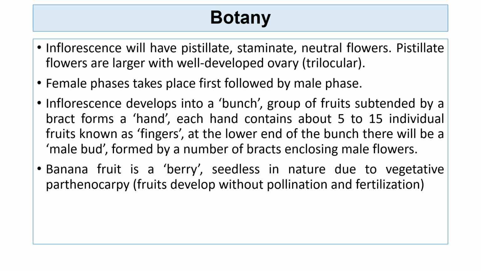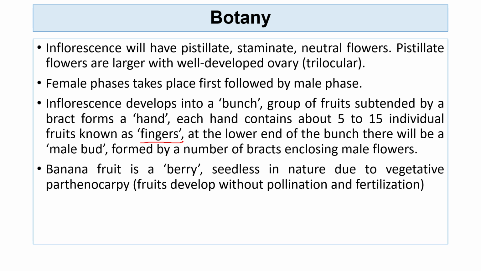Each hand contains 5 to 15 individual fruits, and the individual fruits we call fingers. At the lower end of the bunch, there is a male bud formed by a number of bracts enclosing the male flowers. The male bud is purplish in color, and it can vary depending upon the variety, sometimes purple, red to yellow.